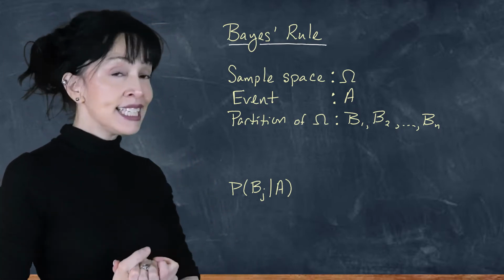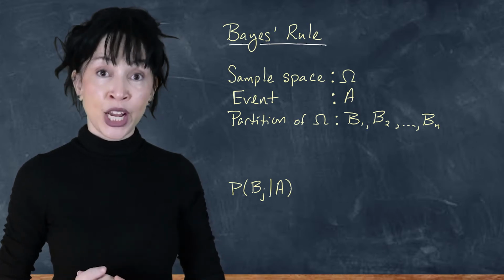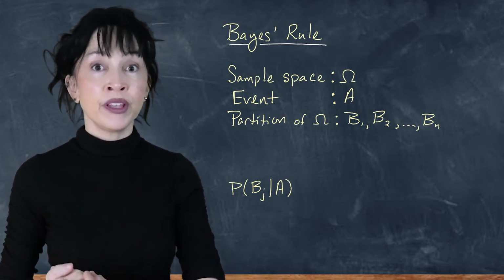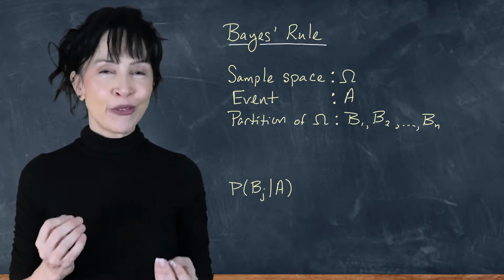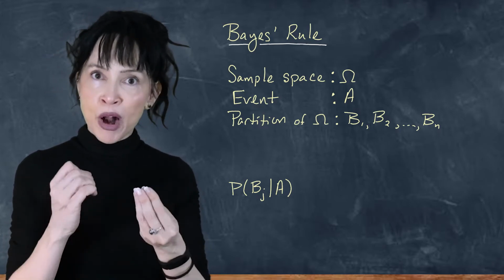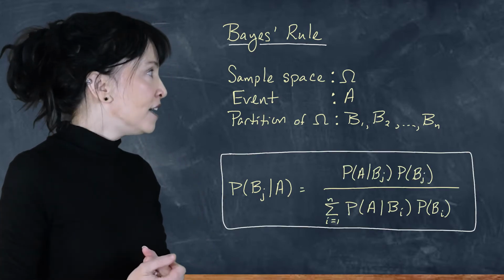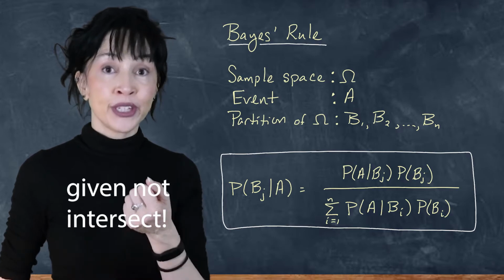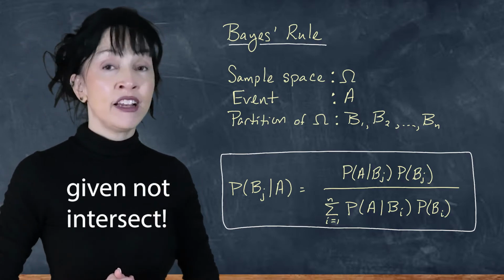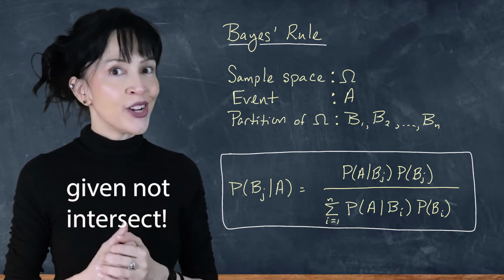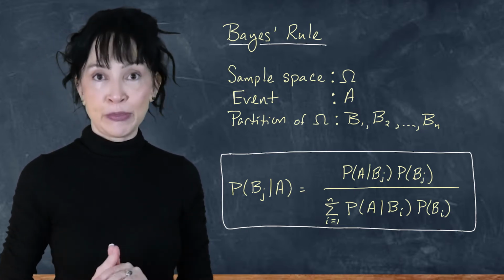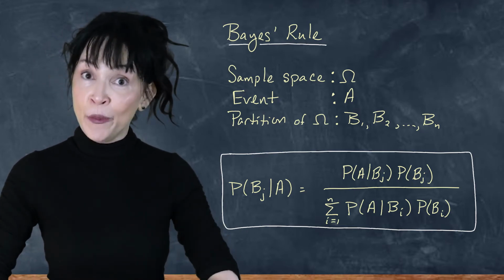So I would write this as the probability of B sub j intersect A over the probability of A. And then I would unravel that intersecting probability in the numerator to be the probability of A intersect B sub j times the probability of B sub j. There's two ways to unravel it, but one way is just going to get us back to where we started and is not going to help.